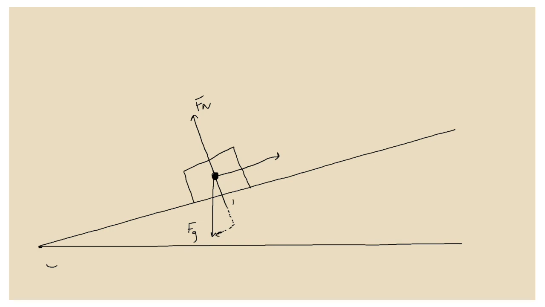And so notice here that this would be what we're going to call FGY, and this is what we're going to call FGX. Now, it may seem like we have a little bit of a problem on our hands, though, because the angle the ramp is tilted at is given in the problem, but we don't know any of those angles in the triangle.